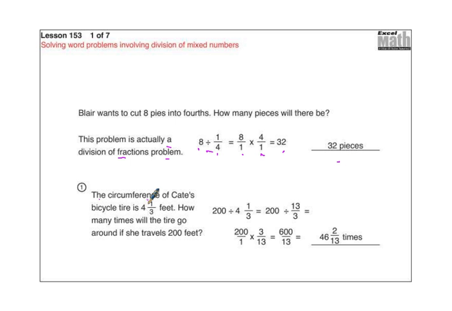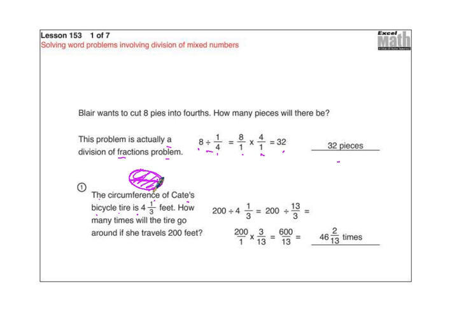The circumference of Kate's bicycle tire, remember, circumference is the distance around. You get a lot of kids needing help on circle stuff. So circumference is pi times the diameter. Take the diameter, multiply it times 3.14 or 22/7. That'll tell you the distance around. Let's remind ourselves, how do we find the area of a circle?